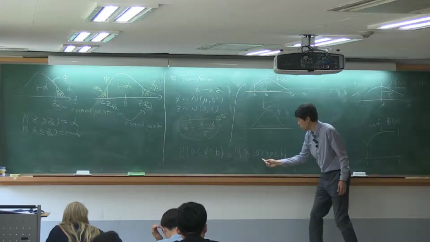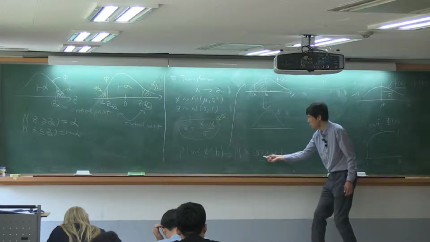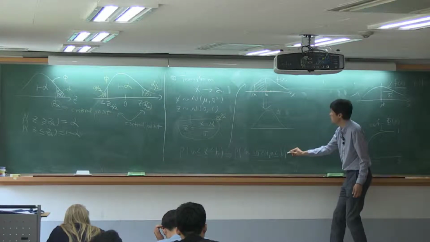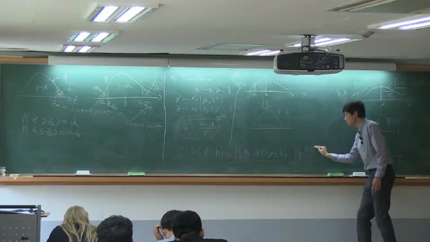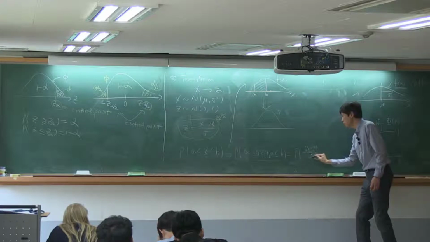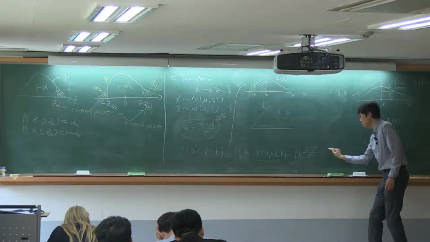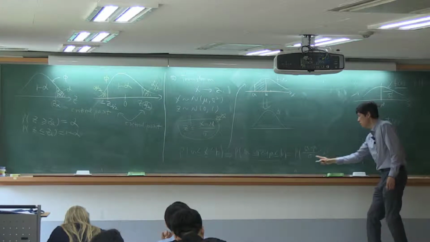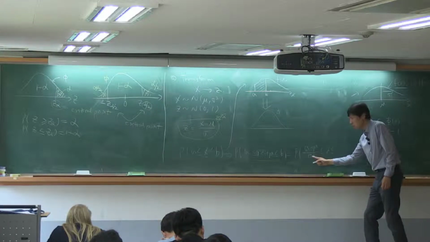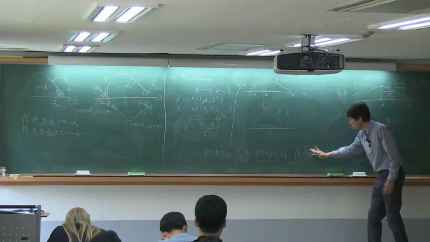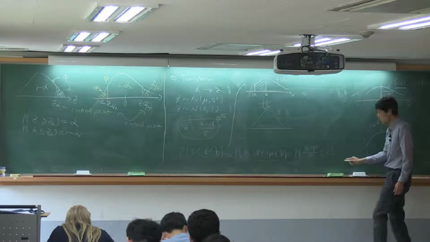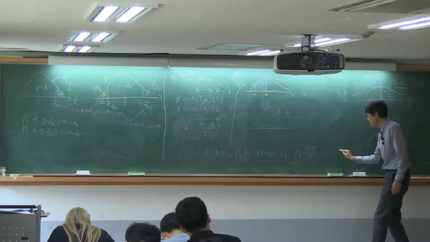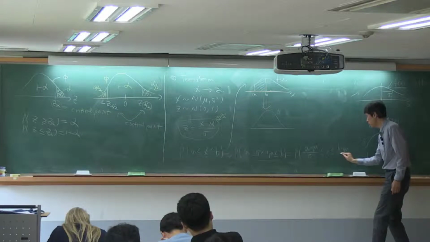If you solve this equation for G, the probability becomes the probability that G is between a minus mu divided by sigma and b minus mu divided by sigma.